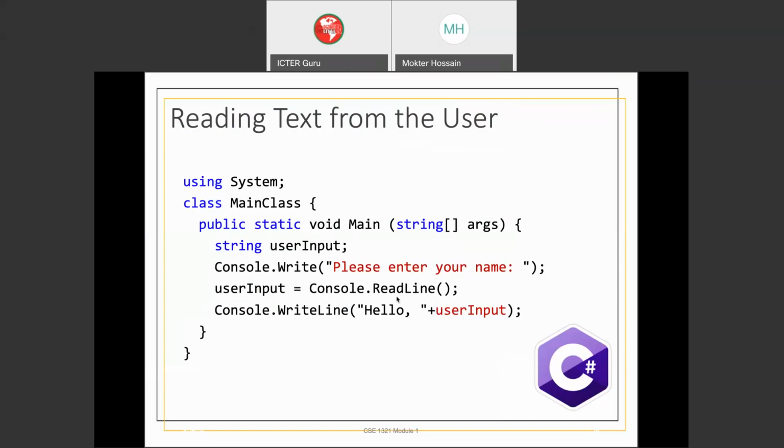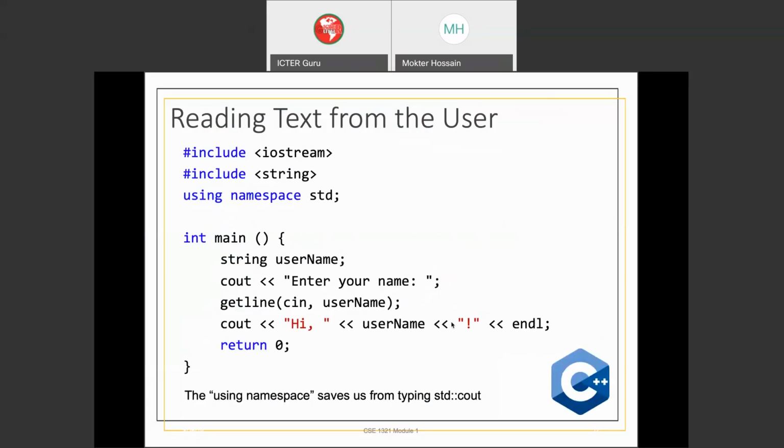Whatever I enter before I press enter will be put in the variable userInput, and on this line it will say Console.WriteLine hello plus userInput. Whatever I entered previously will be printed after hello, or I might enter my name. Same code. I will go through this in a live program.